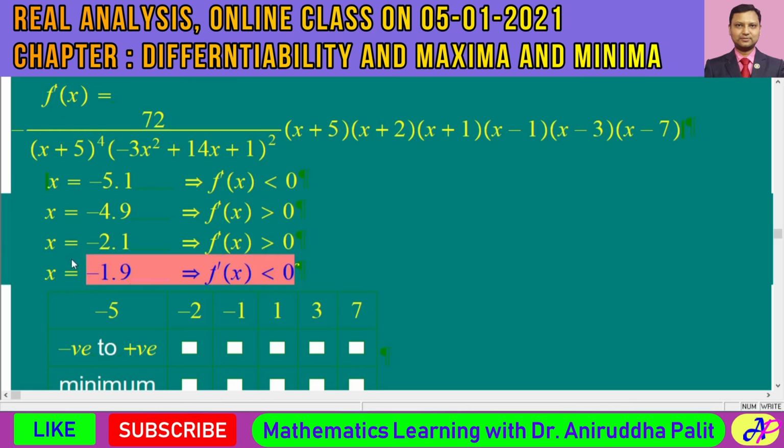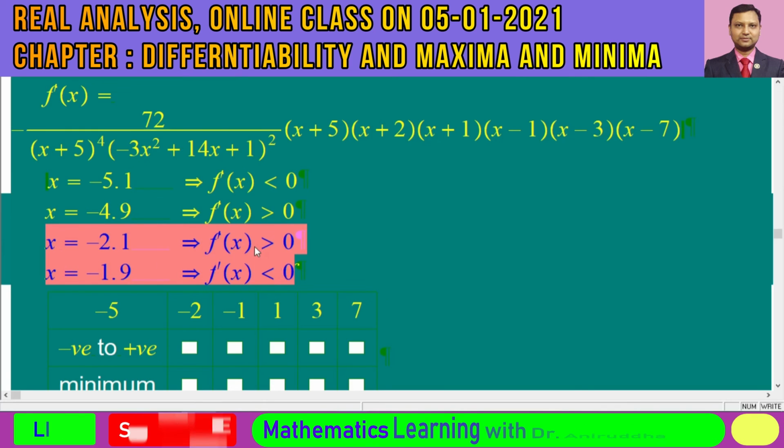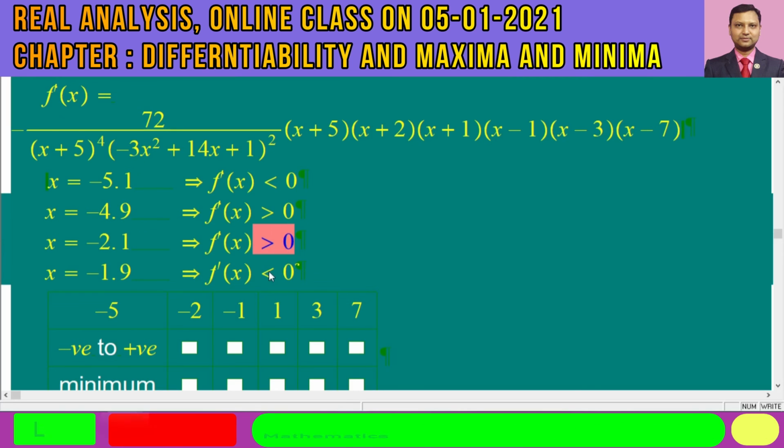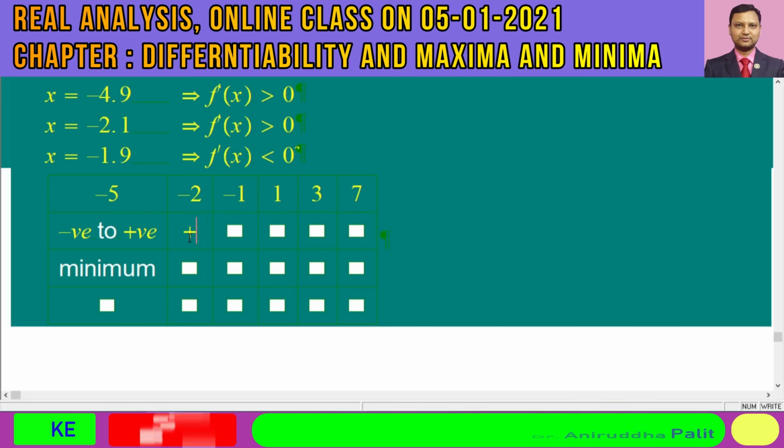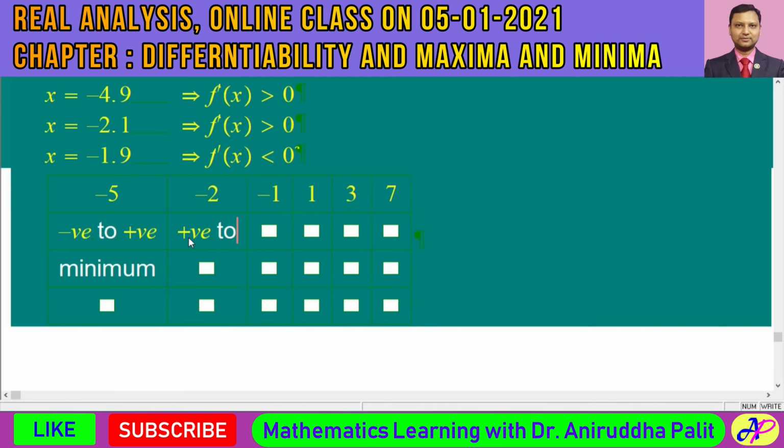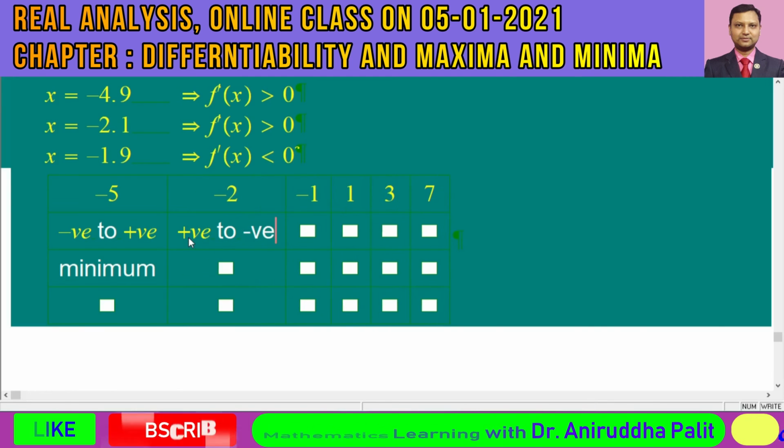So we observe that f dash x changes its sign from positive to negative.